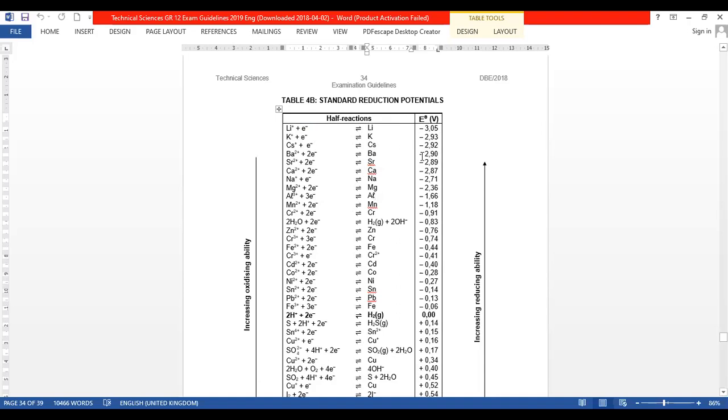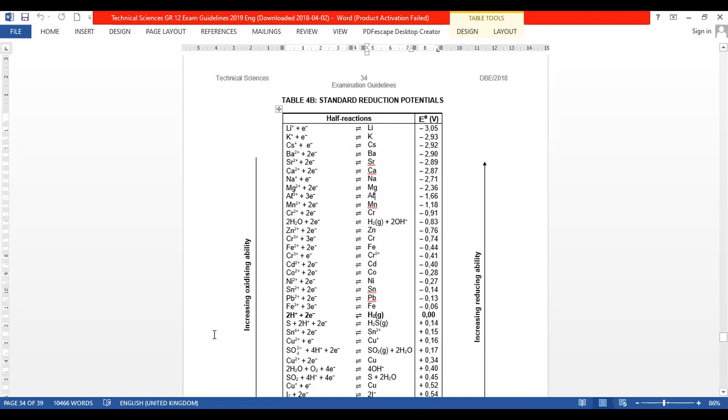I want to put it simply for you, my dear learners, because now we know the higher the E naught value, the more likely it will undergo reduction than the other substance. So simply, if you compare two half cells, the one that appears on top in table 4B will undergo oxidation, the one at the bottom will undergo reduction.